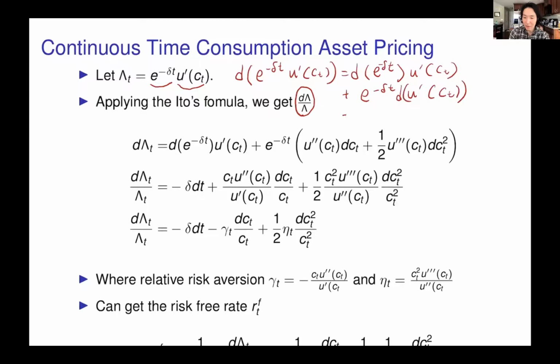Now the key here is that there's d of e to the negative delta t and d of u prime c_t. The cross term is zero because the first term only depends on t.